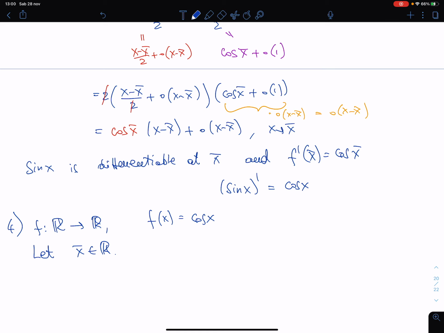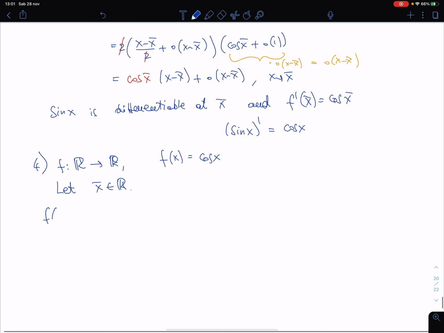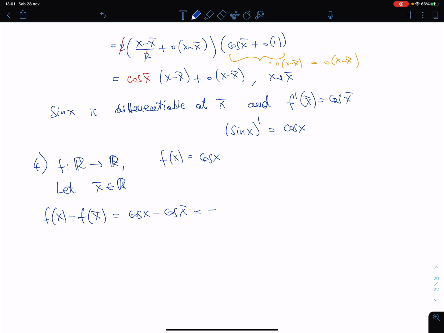And so the increment of the function f is the following: f of x minus f of x bar is equal to the cosine of x minus cosine of x bar. And again, the same prostaphaeresis formulas tell us that this is equal to minus 2 sine of (x minus x bar) divided by 2, and then sine of (x plus x bar) divided by 2.